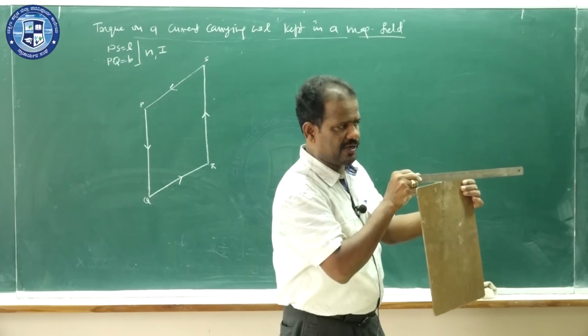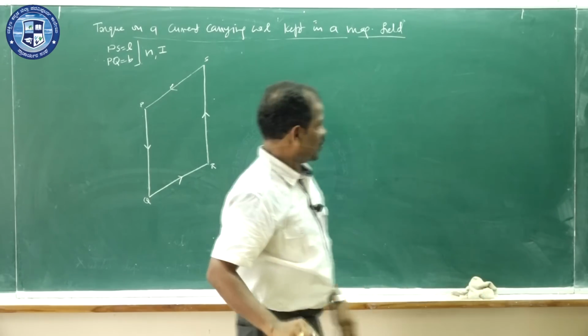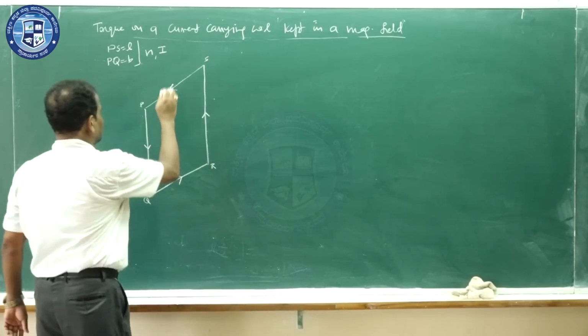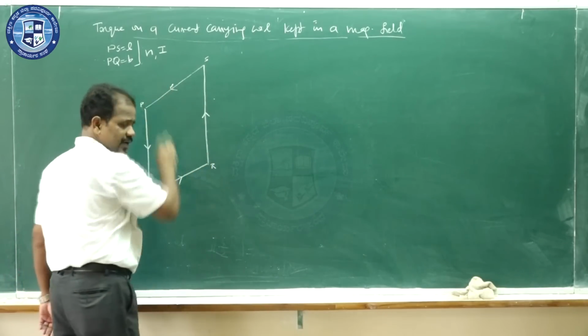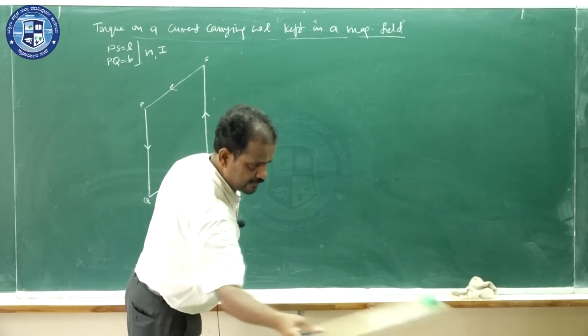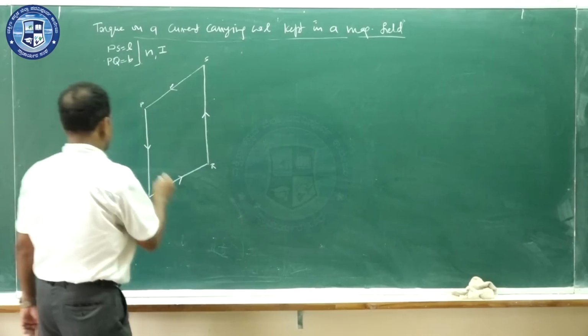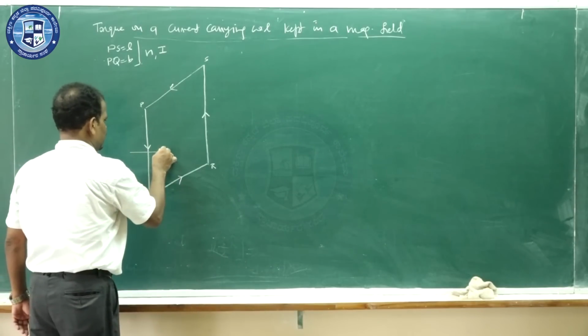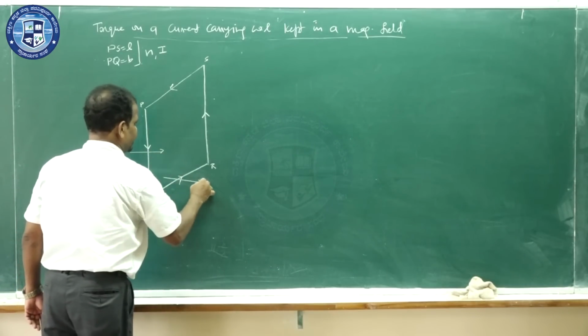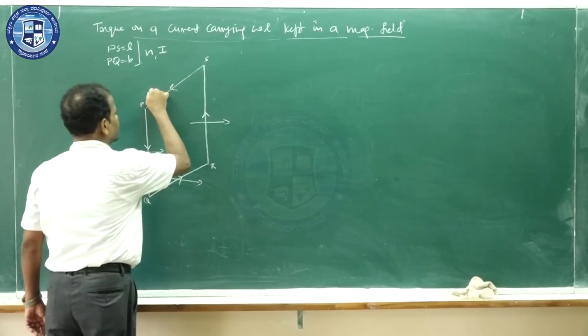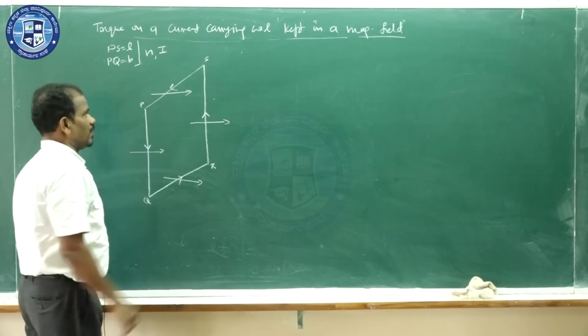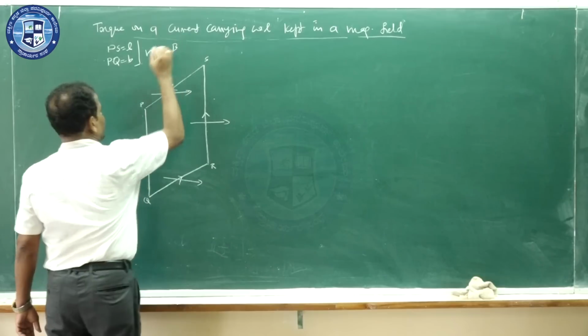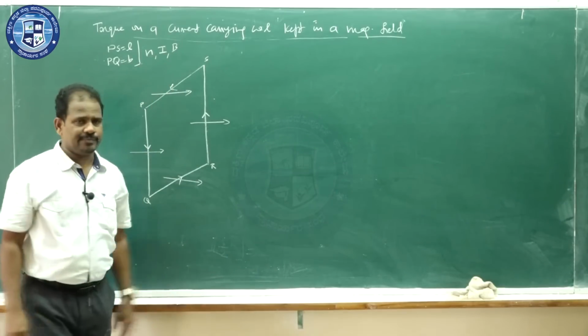I will show the direction of the magnetic field in 4 places. This is the magnetic field direction. And what is the magnetic field? It is B. Instead of writing everywhere, I just wrote here.